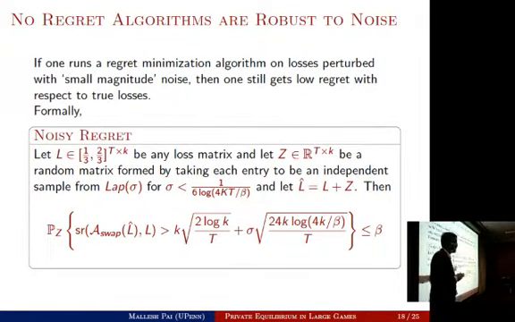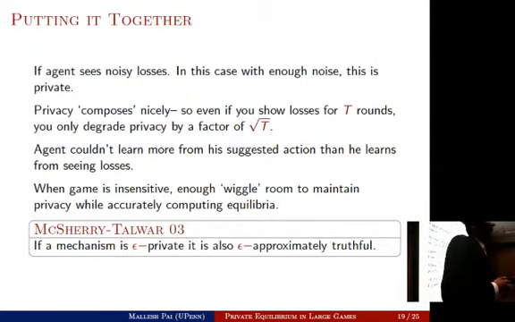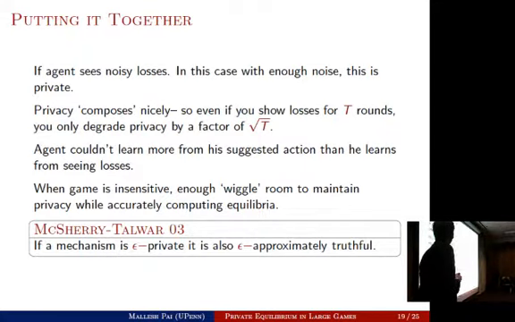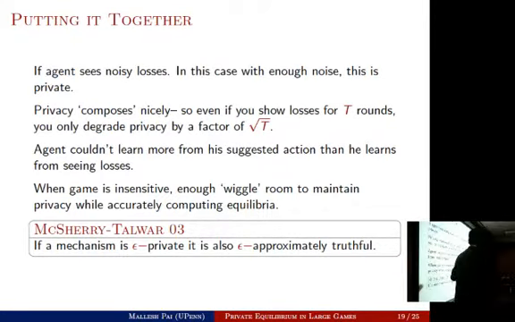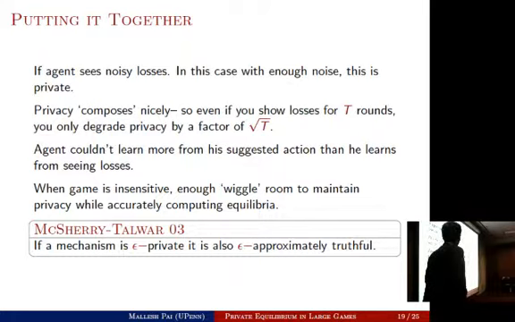If I add enough noise, every loss vector for every action is differentially private. Privacy composes nicely, so even if I do it a lot of times, I'm only going to degrade privacy by a bounded amount.